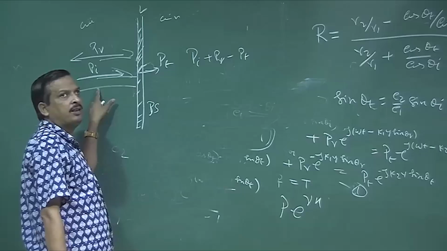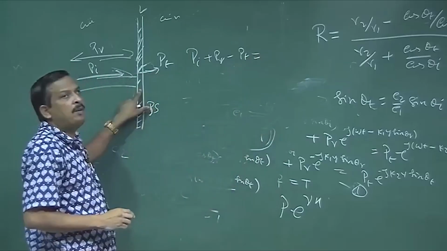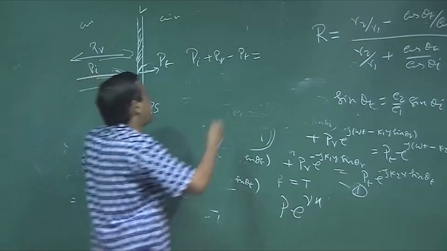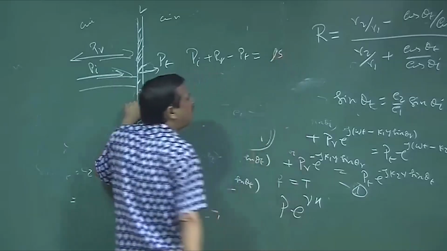The difference of pressure is the surface density multiplied by the acceleration. Rho S is the surface density.